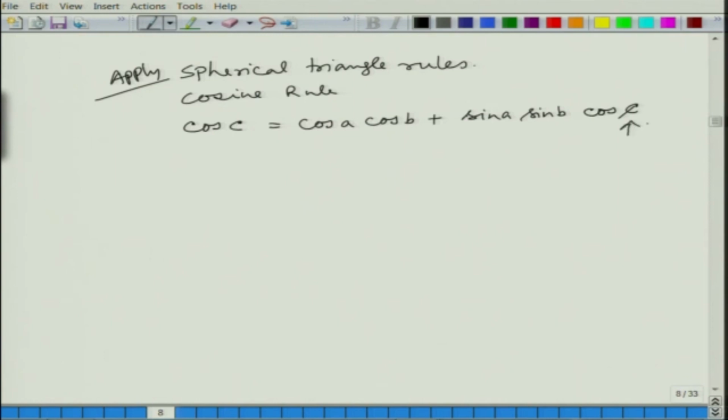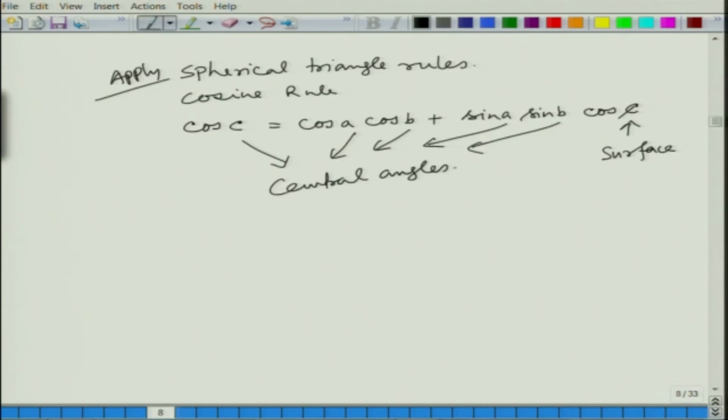Okay, this is a surface angle, and all other A, B, C, all these are central angles, right. So, what we can write for this particular case?